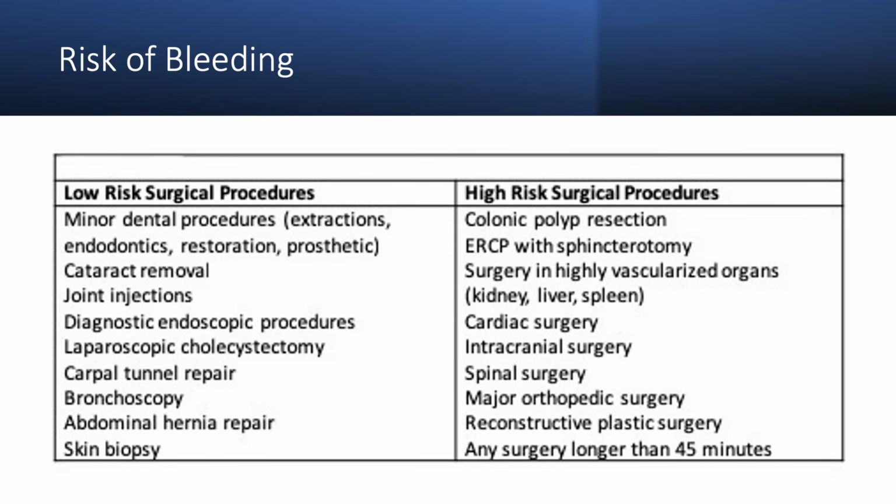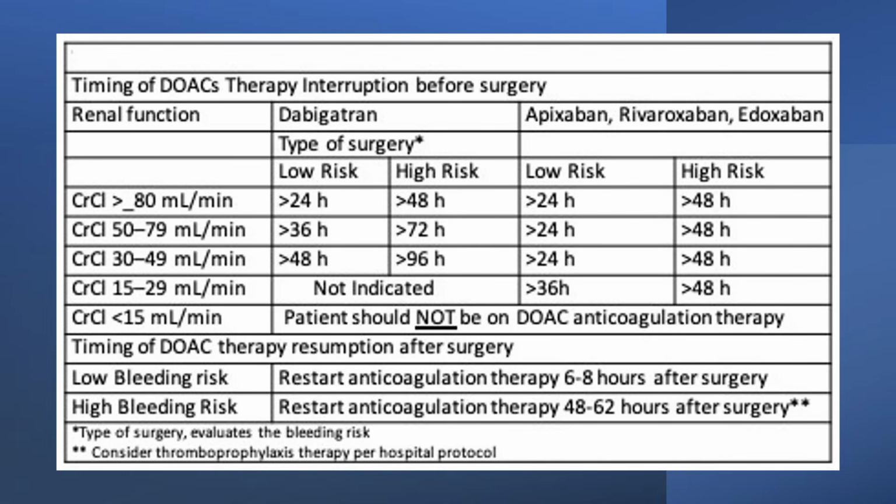In the high risk: colonic polyp resection, ERCP with sphincterotomy, surgery in highly vascularized organs like liver, kidney, spleen, cardiac surgery, intracranial surgery, spinal, major orthopedic surgery, plastic surgery, reconstructive, and any other surgery which goes more than 4 hours.